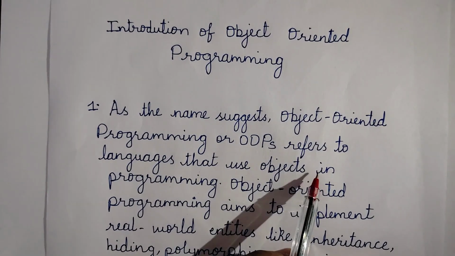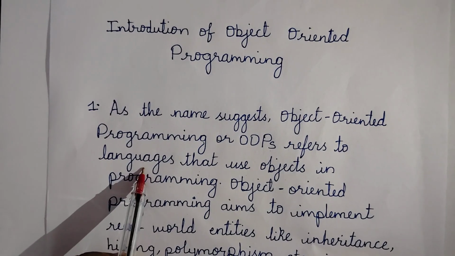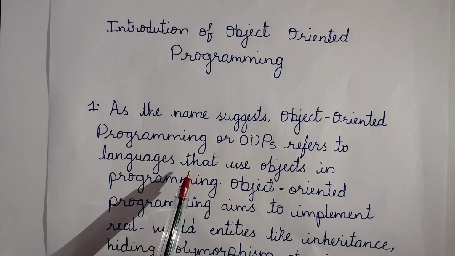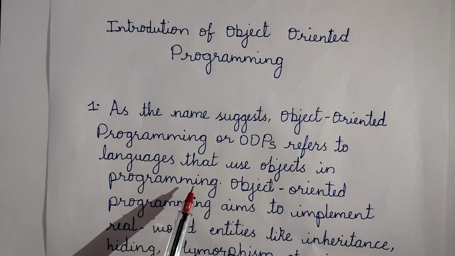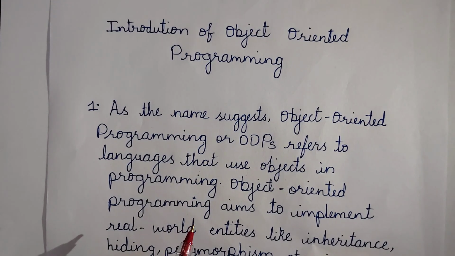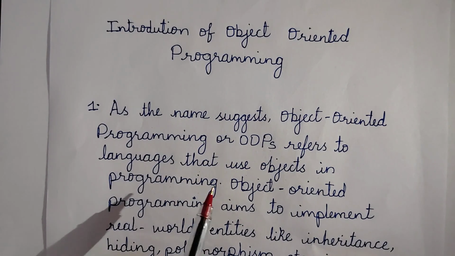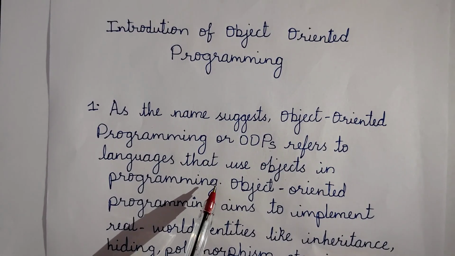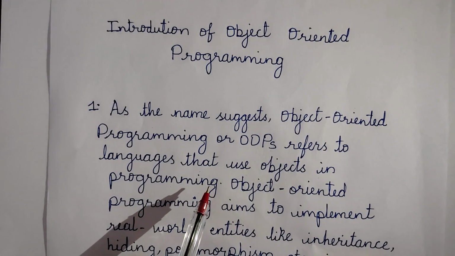Here, "languages" means Python, Java, C++, etc. In those languages, if we use objects in programming, suppose in Python, then it is known as object-oriented programming through Python.